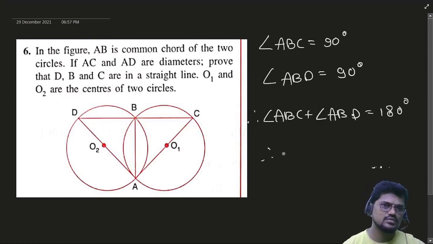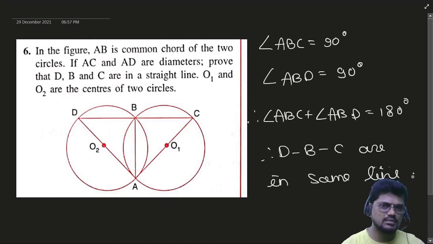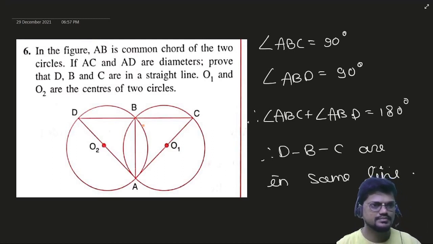Therefore, DBC are in the same line. Understood? Since the sum of these is a linear pair, it's forming a linear pair. This plus this are 90 and 90, so it will be 180. So it's a linear pair. So DBC is a straight line. Understood? Clear? Next.